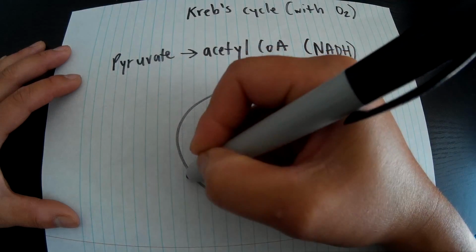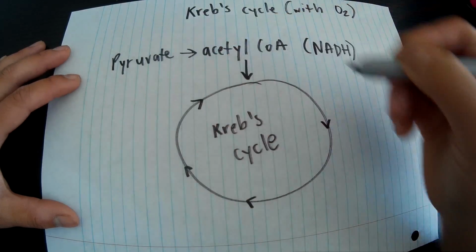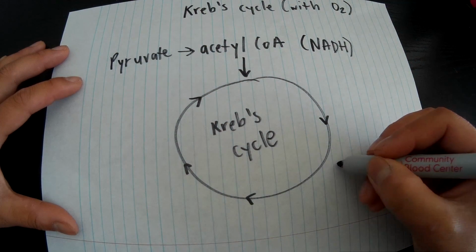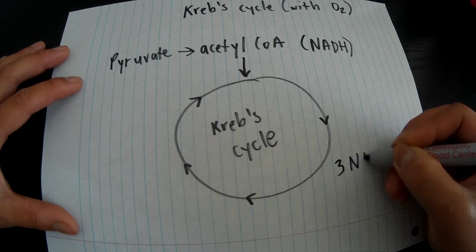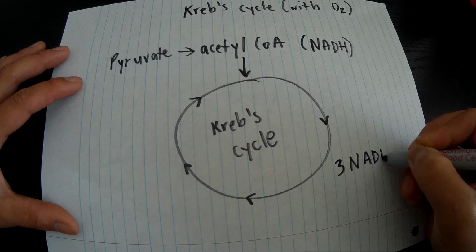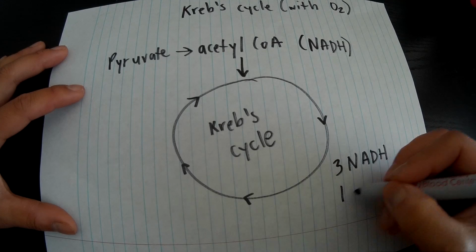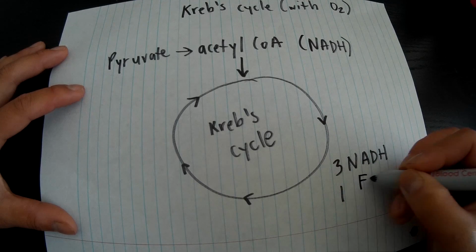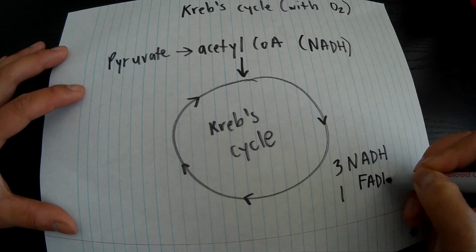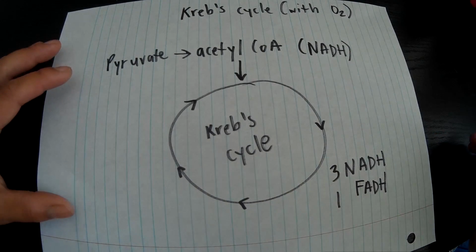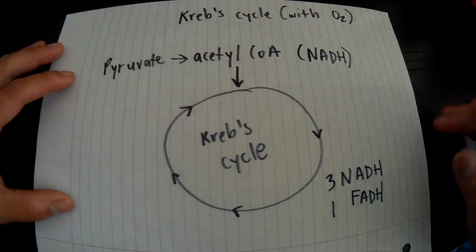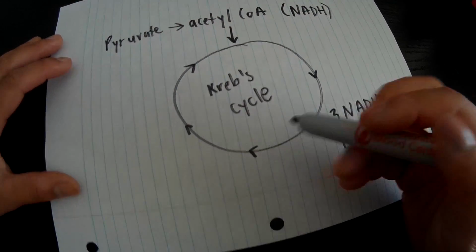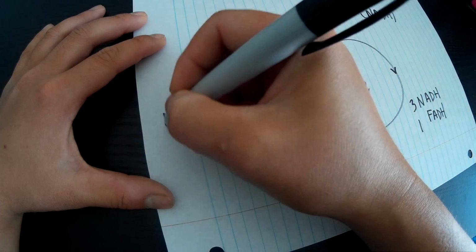Now, during this time, there's a bunch of chemical processes and reactions that happen, but the most important thing you need to know is that 1 cycle churns out 3 NADH and 1 FADH. So 1 turn through the cycle equals 3 NADH and 1 FADH, and 2 of them equals 6 NADH and 2 FADH.